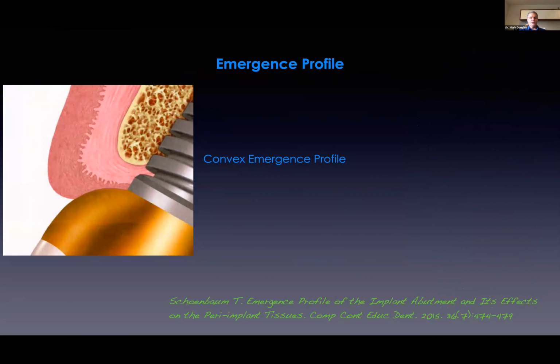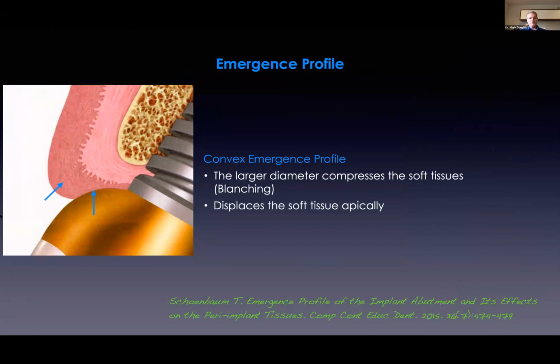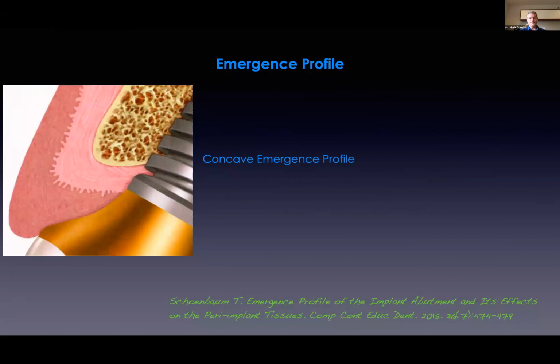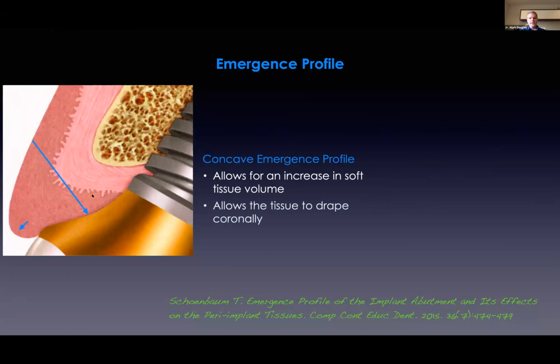So the convex emergence profile, the larger diameter, compresses the soft tissue, which you would see as blanching. It displaces the gingival soft tissues more apically. A concave emergence profile allows for an increase in soft tissue volume and allows the soft tissue to drape more coronally.